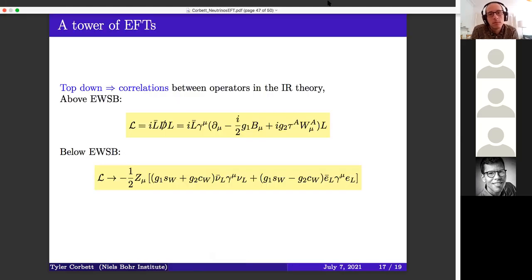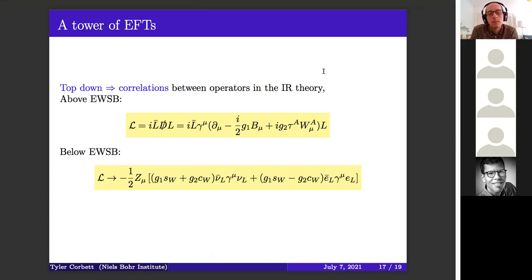And I think one of the most important things about this perspective is that top-down implies correlation between operators in the low energy theory. And since we believe in the standard model, at least most of us do, above electroweak symmetry breaking, for example, we have an interaction between leptons that's given by this gauge interaction term, this gauge kinetic term.